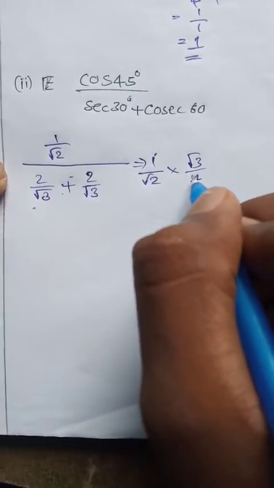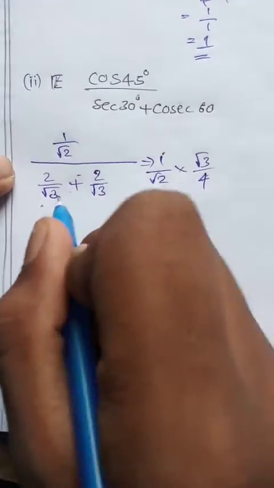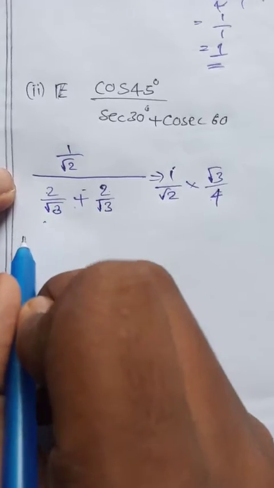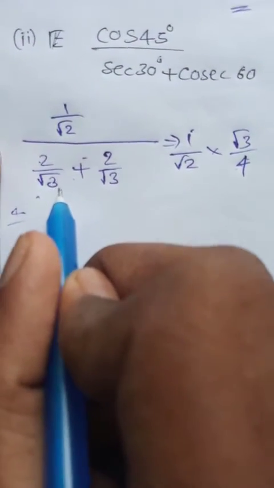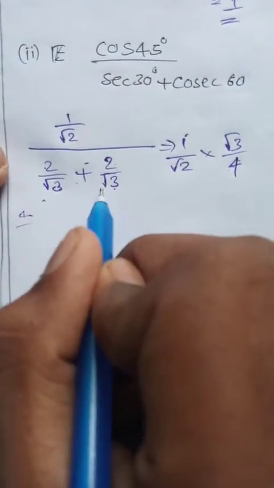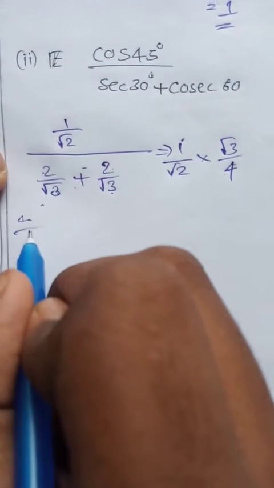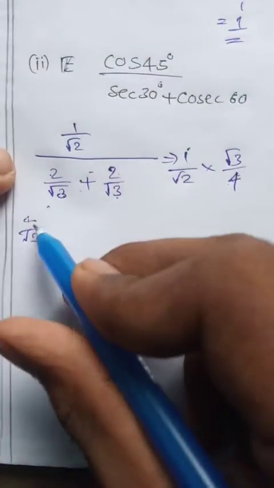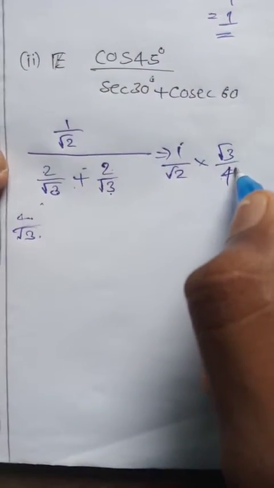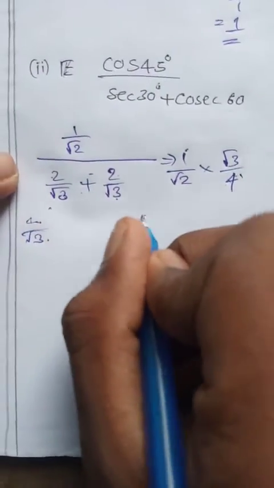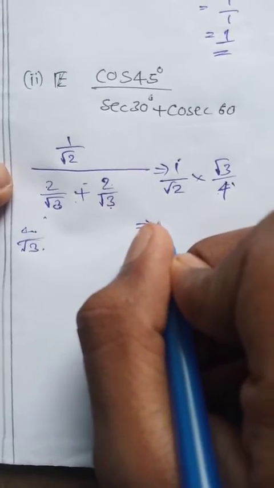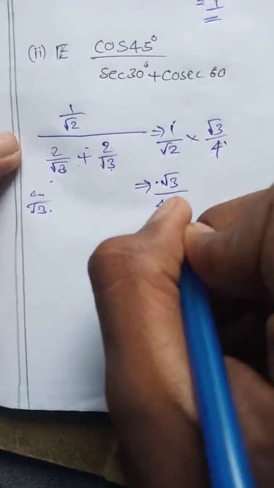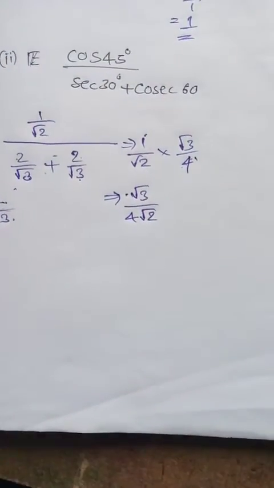We have to understand why this came, because 2 plus 2 is 4 with the same denominator √3, that's why we have to write that only. 4 by root 3 reciprocal is written as root 3 by 4. After this we have to multiply root 3, equal to 4 root 3. That is the answer for this.